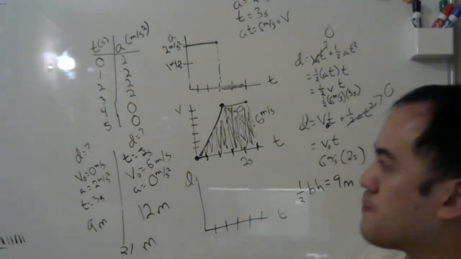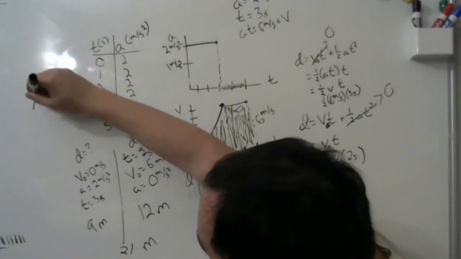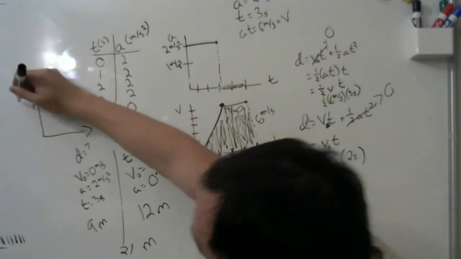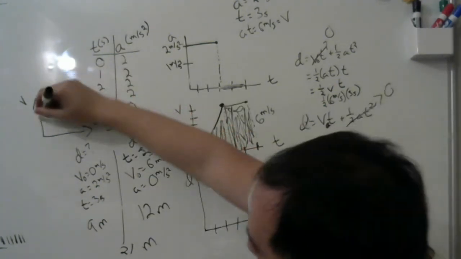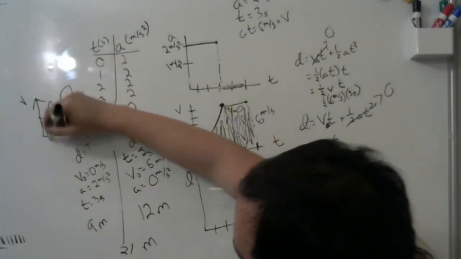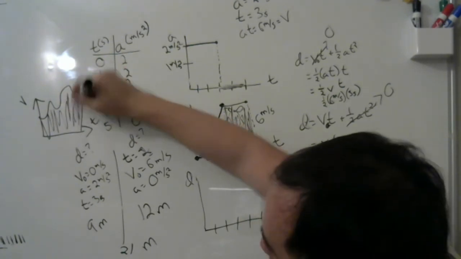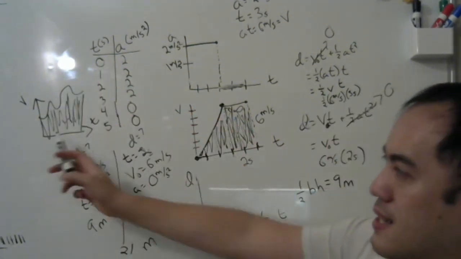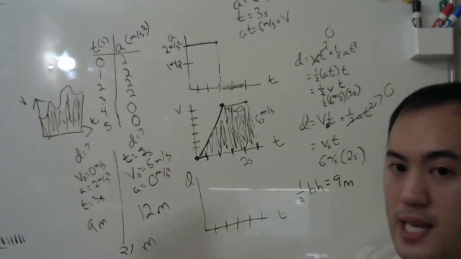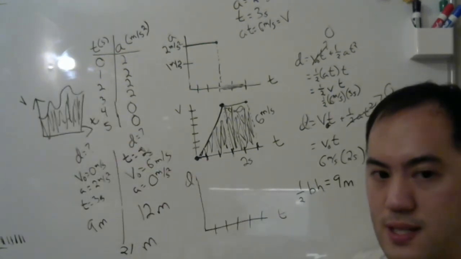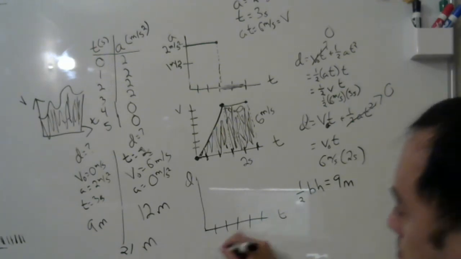But in theory, I could have any sort of crazy shape as long as it's the v versus t graph. All I have to do is find this mysterious area, and that will be the displacement of this object in this time period if this is the velocity. The area of v versus t is displacement.